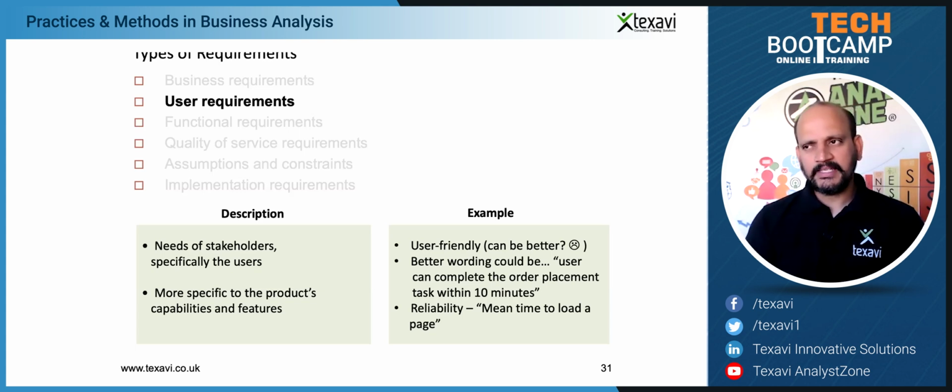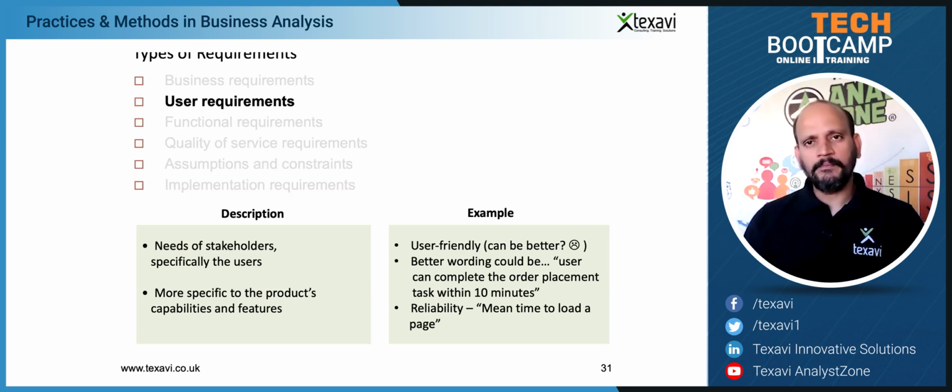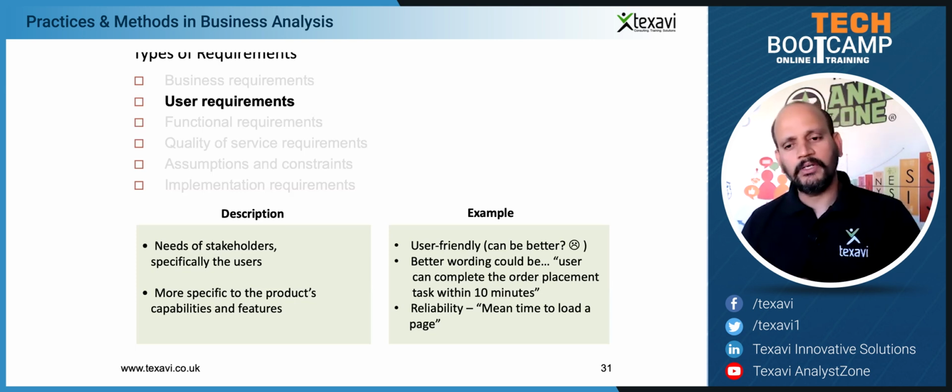Whatever the website, you'd like to standardize the purchasing behavior of users. So, for example, one of the user requirements could be that I need to complete the purchase task, placing the order from the time I start creating it, in not more than, let's say, 40 seconds or under a minute. That's actually a user requirement, addressed from the point of view of a user.